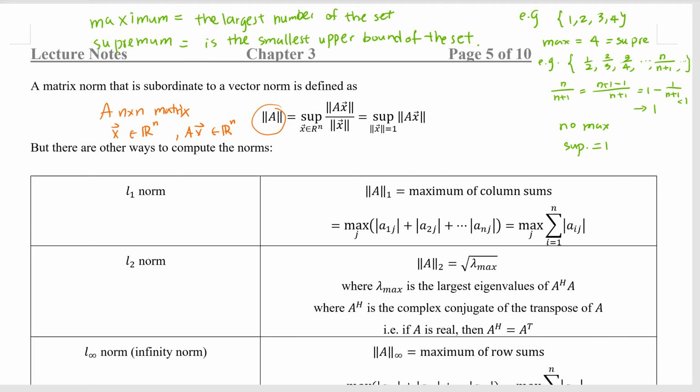Okay, 1 is an upper bound of this set, and it is the smallest upper bound of this set. So any number in this set is less than or equal to that supremum, the upper bound. So far, so good. So I hope this example can help you understand the difference between maximum and supremum. Okay.